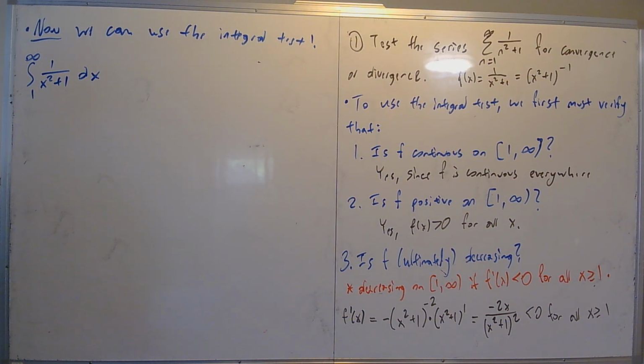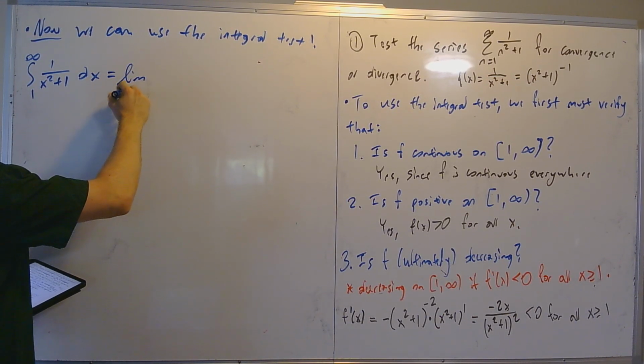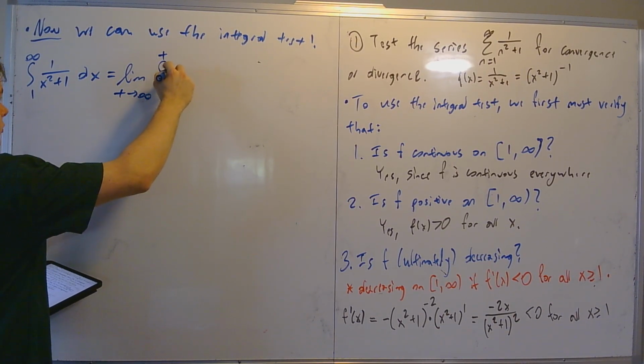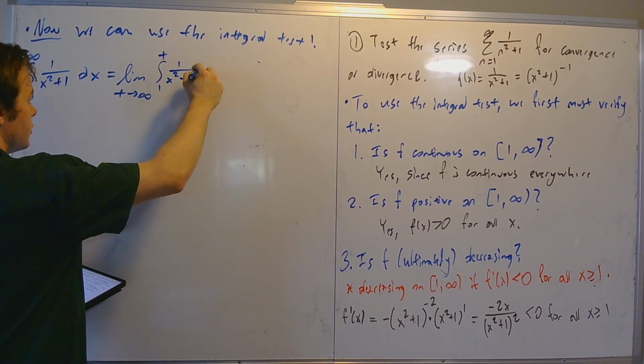Okay, so thinking about how to do this, remember when we talked about improper integrals, we need to replace this infinity symbol with a t. So we'll replace that with the limit as t goes to infinity of the integral from 1 to t of 1 over x squared plus 1 dx.